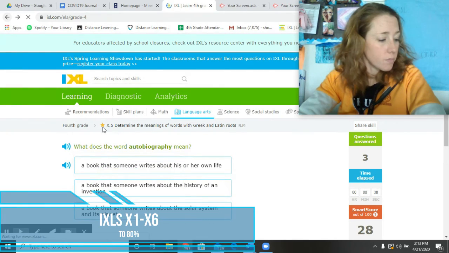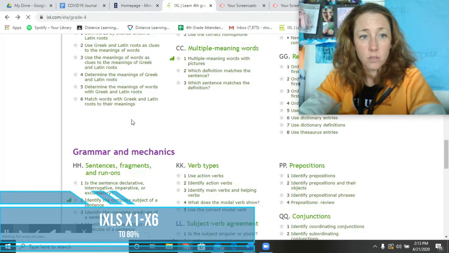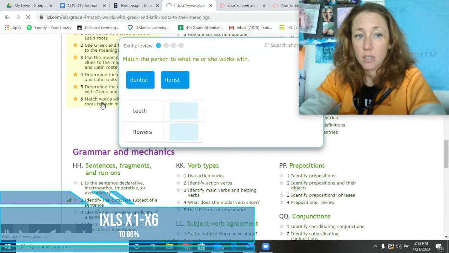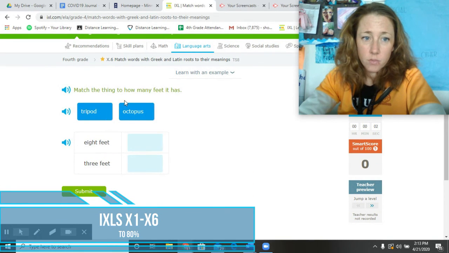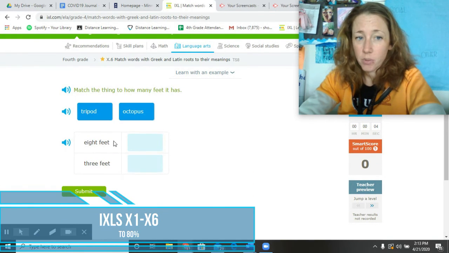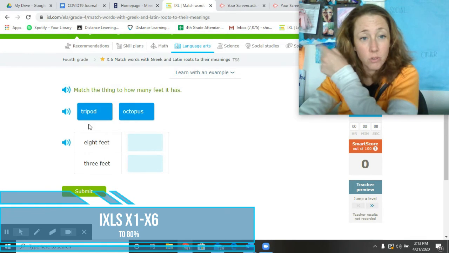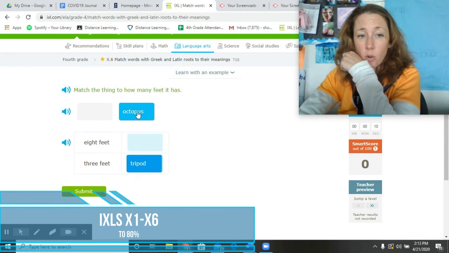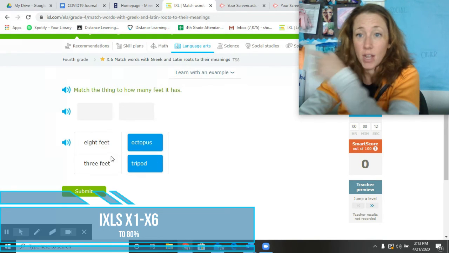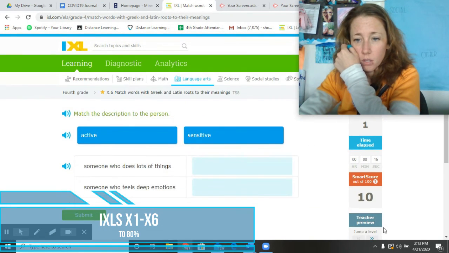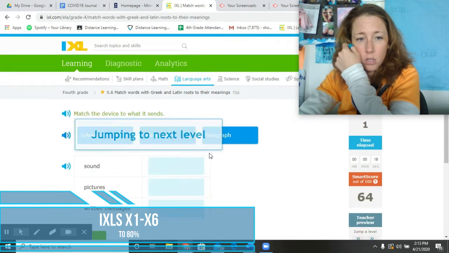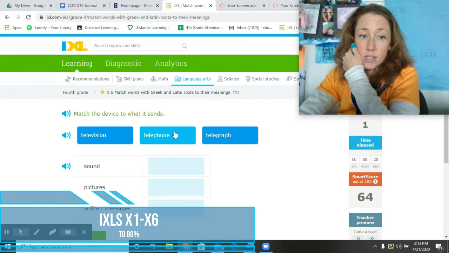And the final one, match words with Greek and Latin roots to their meanings. So, tripod and octopus, 8 feet and 3 feet. Well, I know a tricycle has 3 wheels. I know an octopus has 8, or an octagon has 8 sides. So I'm going to match like that. The device to what it sends.